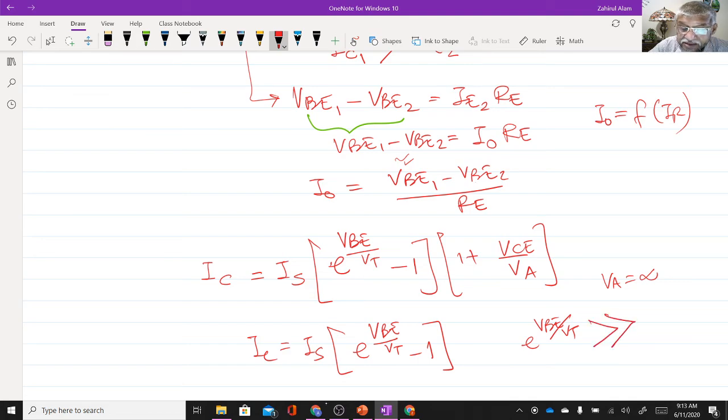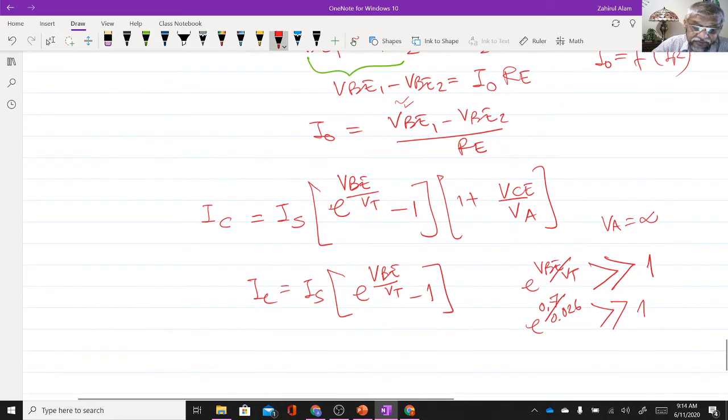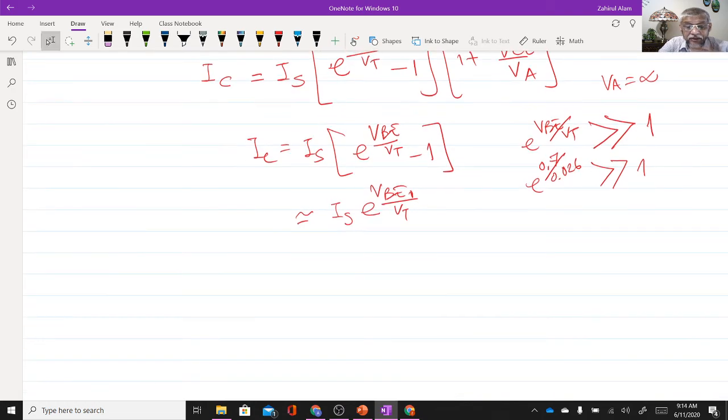For example, if you consider VBE is equal to 0.7 and VT is equal to 0.026 volt, then it is very much larger than 1. So therefore I can write IC is equal to IS e to the power VBE1 divided by VT.